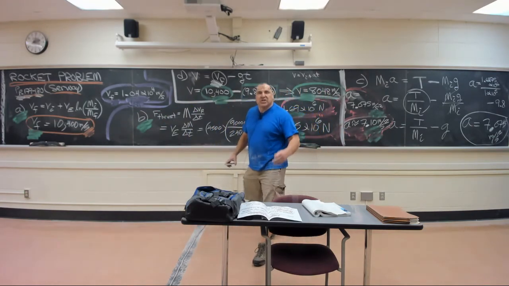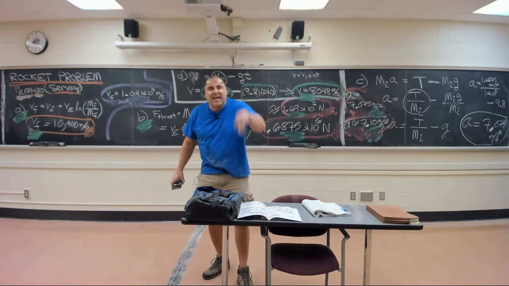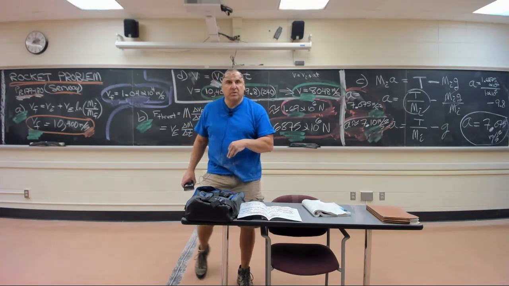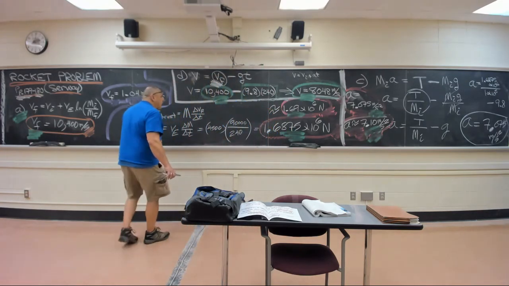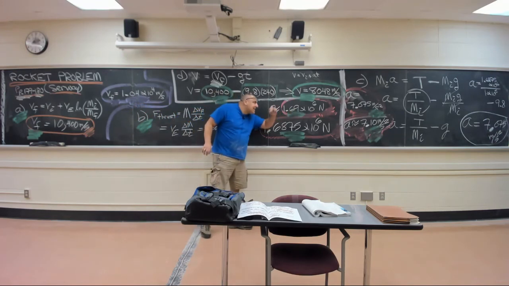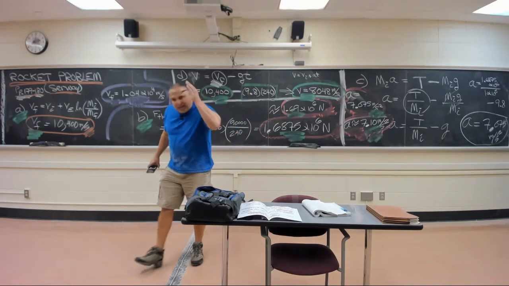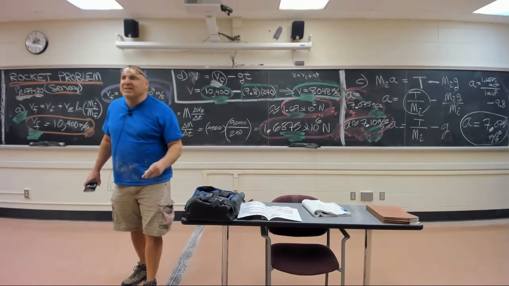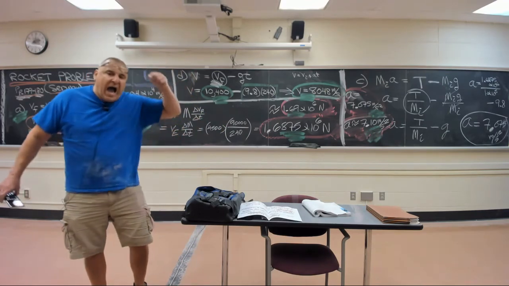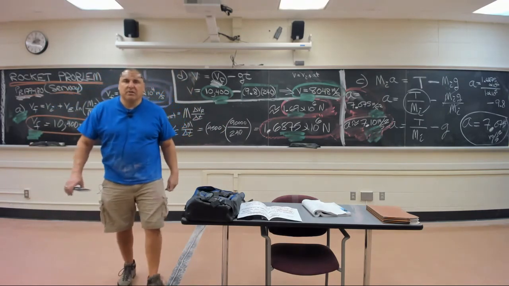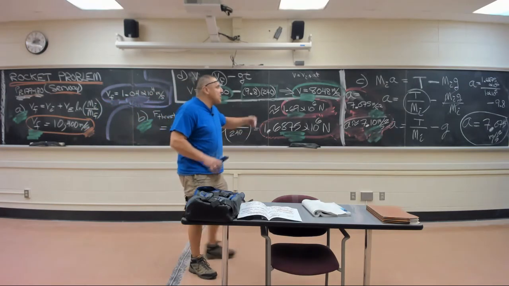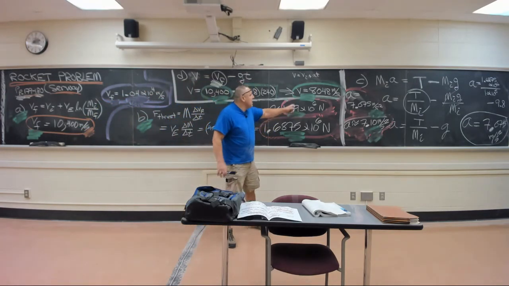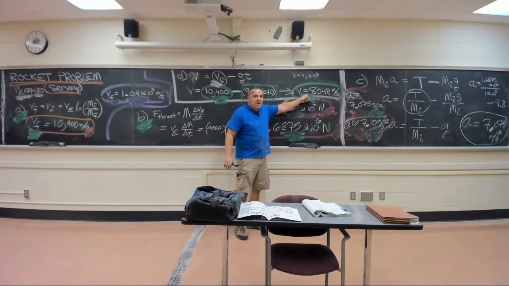When it loses a lot of mass, with that same exact force of 1.69 times 10 to the 6 newtons, if the mass is 1/3 of what it was, I can give you a great acceleration. And that great acceleration will help it reach 8,048 meters per second.